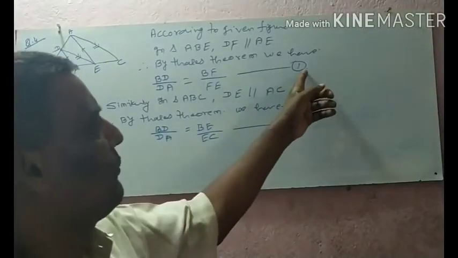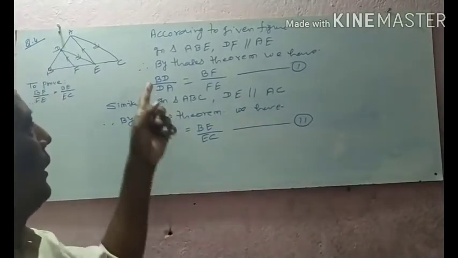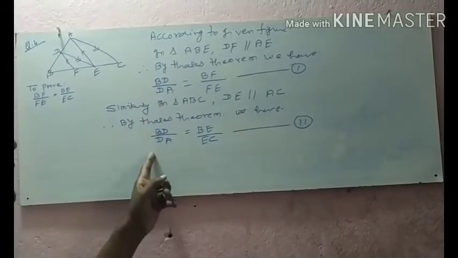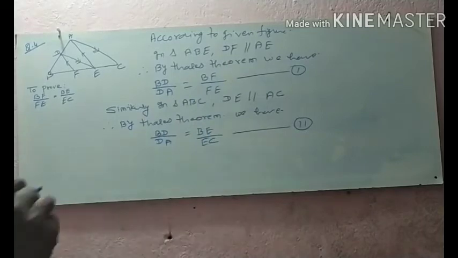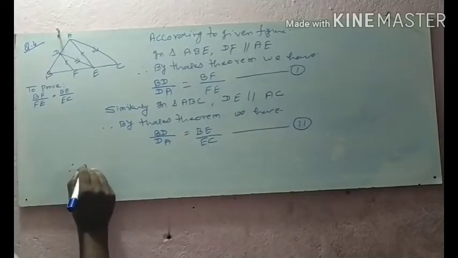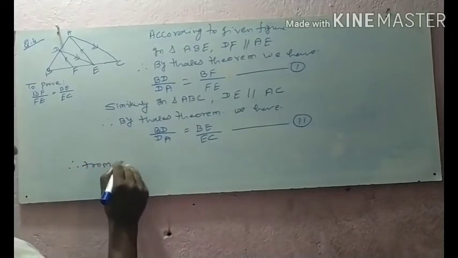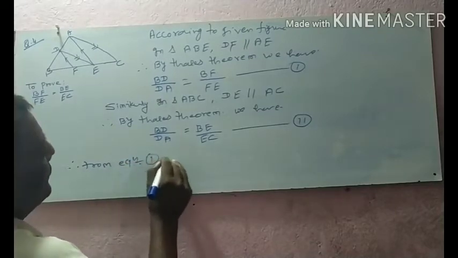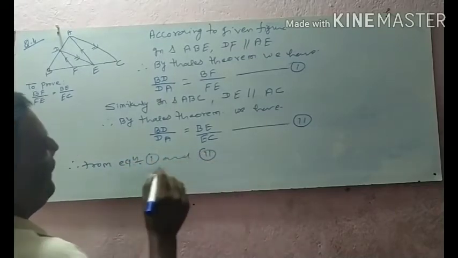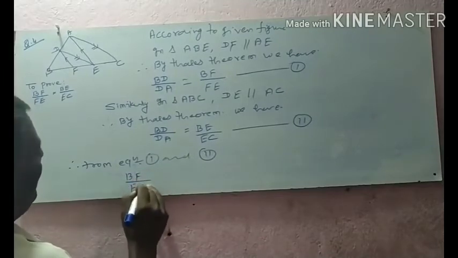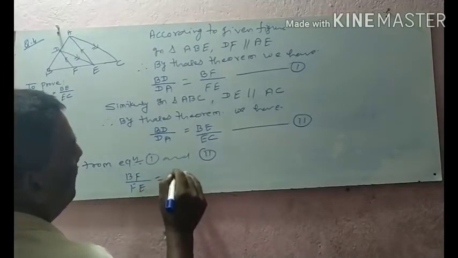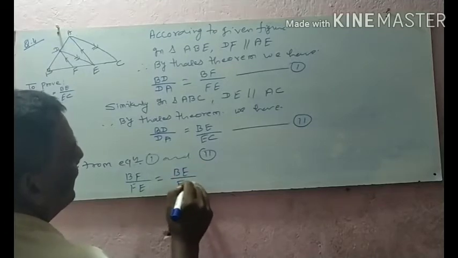Now from equation 1 and 2, left sides are equal. That implies right sides must be equal to each other. Therefore, from equation first and second, BF by FE is equal to BE by EC, proved.